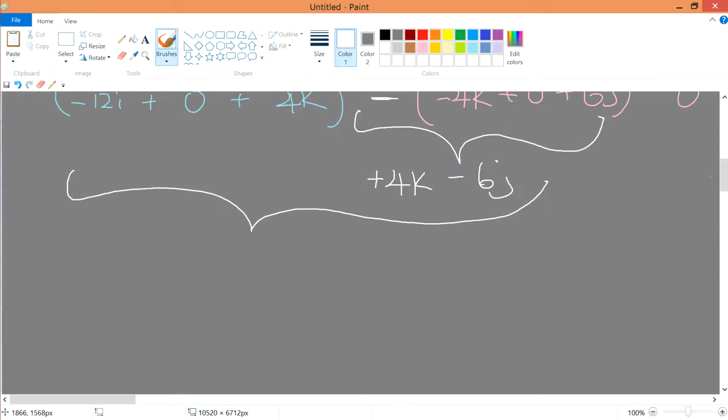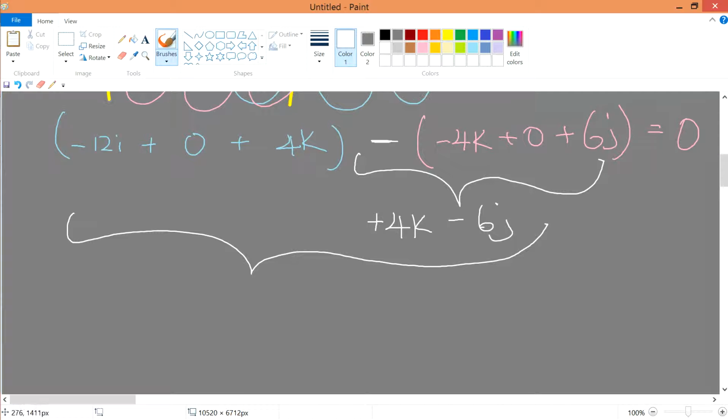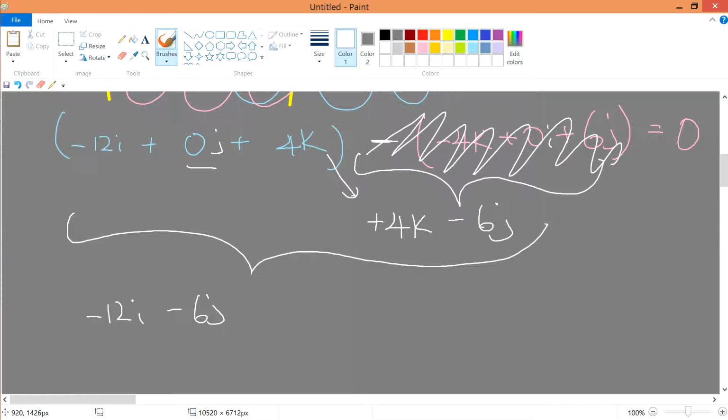What I have is minus 12i, because there's 0i over here and this is j, so I have only minus 12i, and then 0j minus 6j, and then 4k plus 4k. You can ignore this because I rewrote it already, I think you might get confused. Anyway, so k is equal to 0.